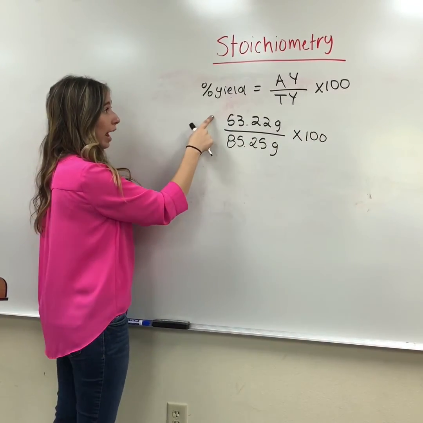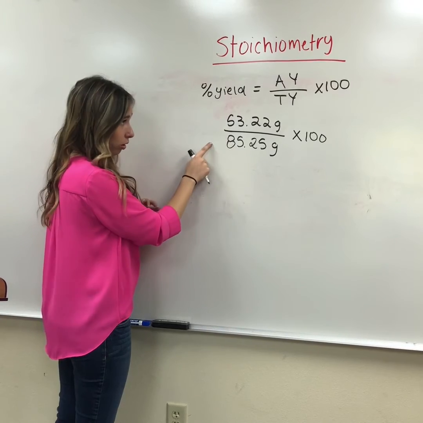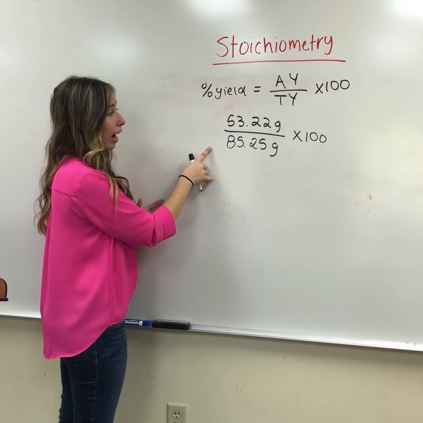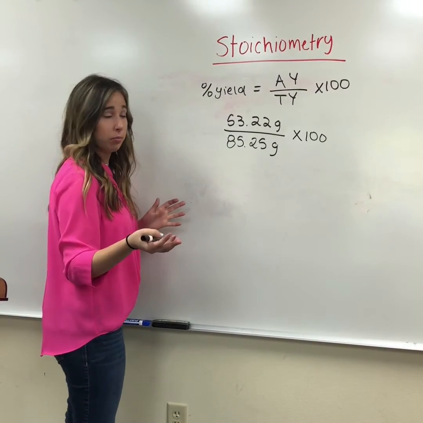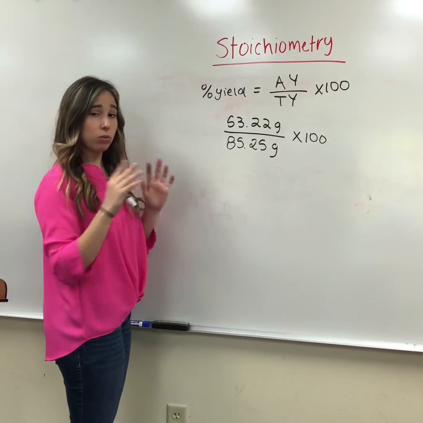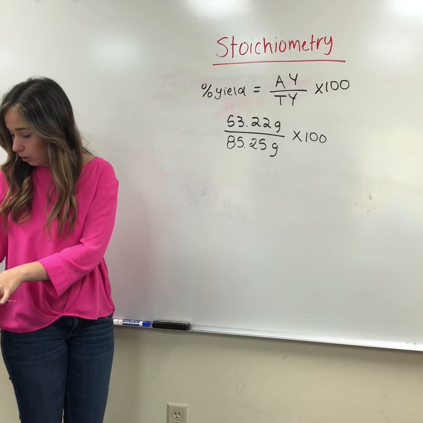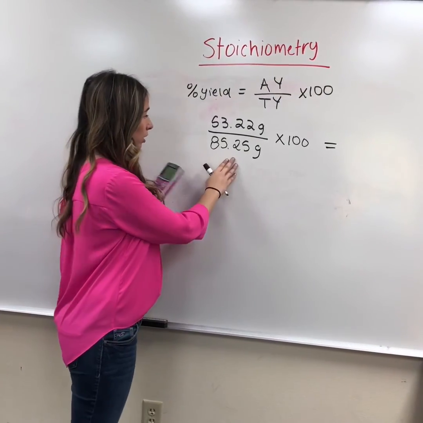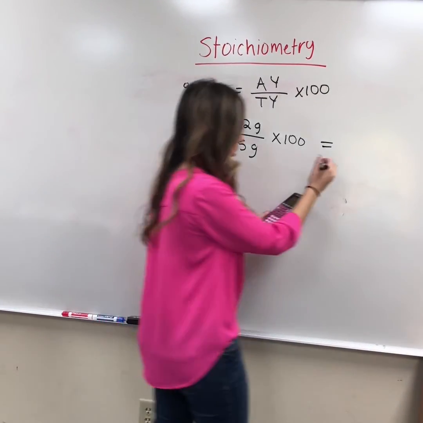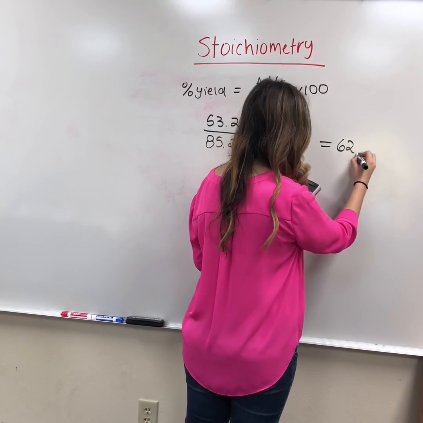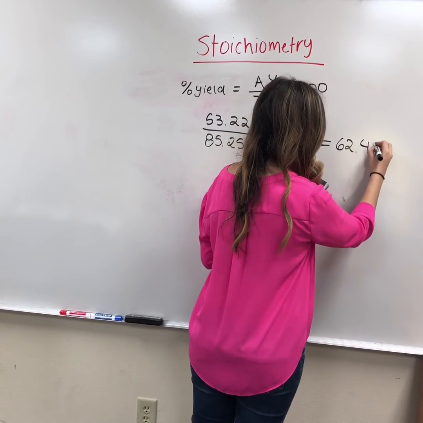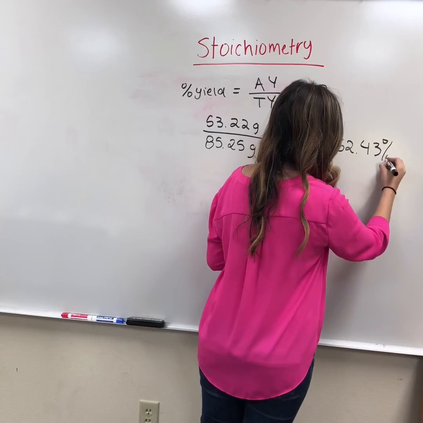The actual yield can never be bigger than your theoretical yield. If that happens, then you need to redo your experiment because you did something really wrong. So then I'll just put that into my calculator, and I know I need 4 sig figs, so it's 62.43%.